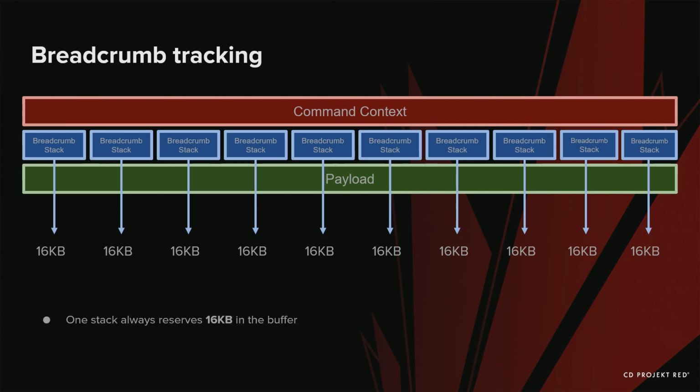One stack always reserves this amount of memory, and with certain workloads in the editor, it could be that a stack contains only a single command. So that would mean that even though we only use 4 bytes, we still allocate 16 kilobytes. So the solution we have for that is that we merge all these stacks together if they have less than 100 markers. However, this also means that they will be kept alive a little bit longer than necessary.